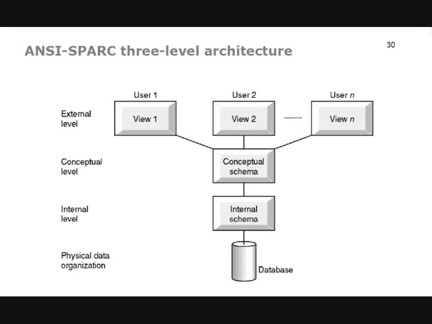And we also have an internal level, which is defined by the internal schema, and that is looking at how we store the data. So we separate the functionality, we separate the data in that way, and then the internal schema accesses the data in the database. And there is where we have the details of the physical organization.